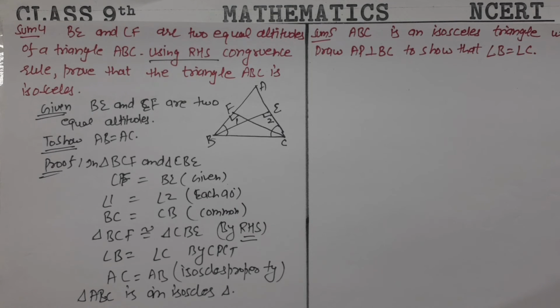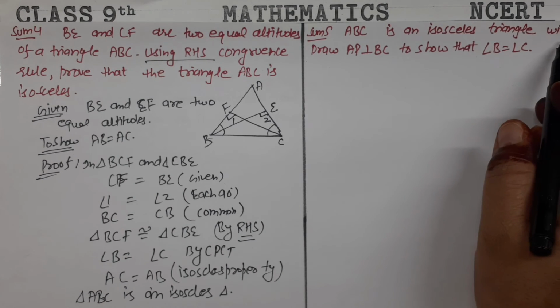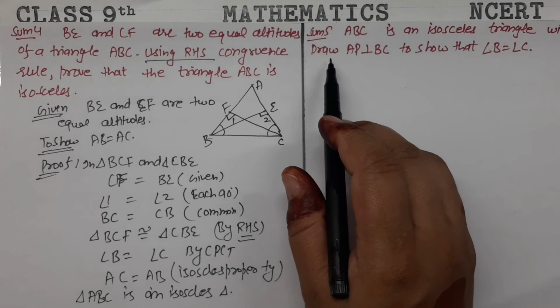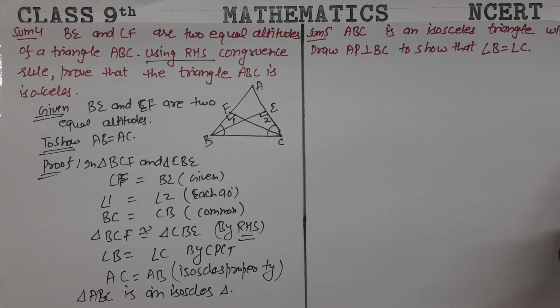Now the next, fifth question. ABC is an isosceles triangle with AB equals to AC. Draw AP perpendicular to BC.